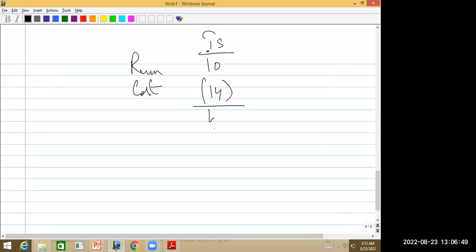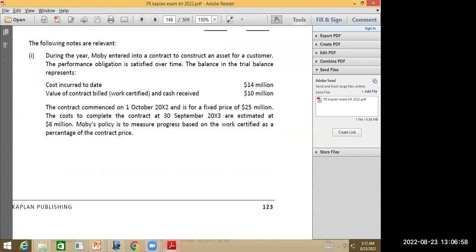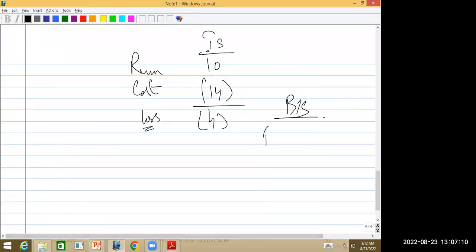There will be a loss of 4 million that will be charged in the income statement. So on the face of the balance sheet, the revenue recognized till date is 10 and progress billing is 10.